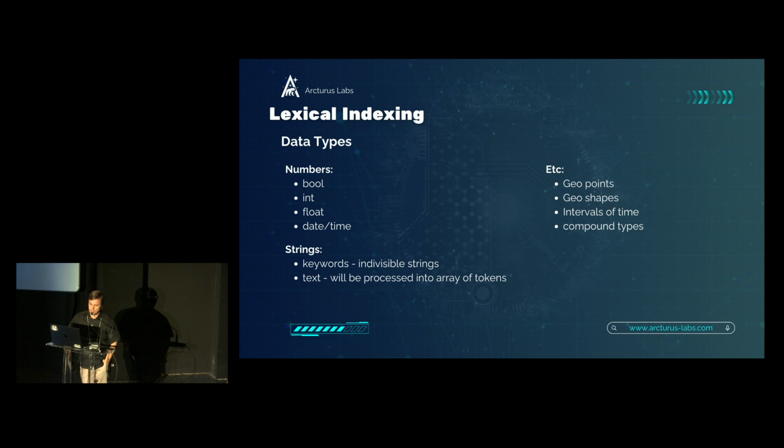All right, lexical indexing. Lexical search has all the typical data types you'd expect. Numbers, floats, dates, even some exotic things like geopoints, geoshapes, time intervals. You can do scheduling stuff. There's really cool stuff. But the star of the show, of course, is text.